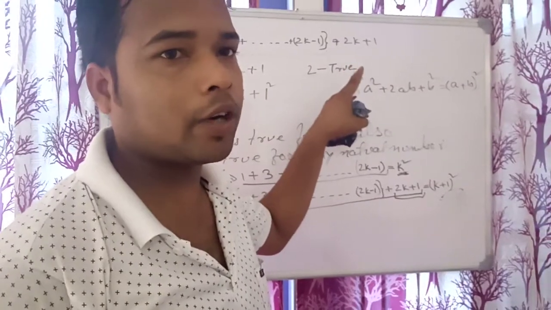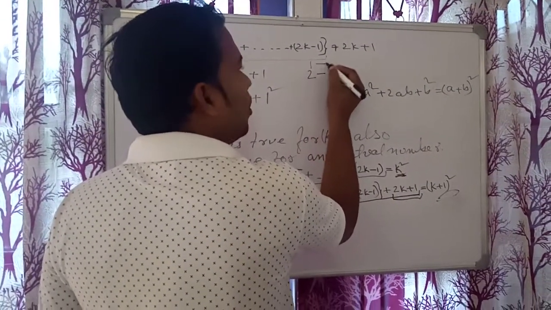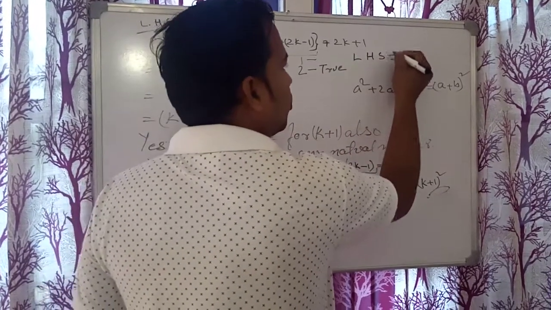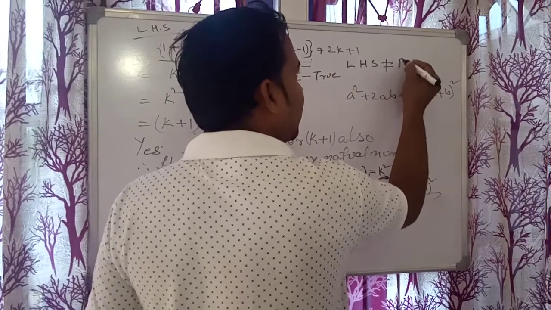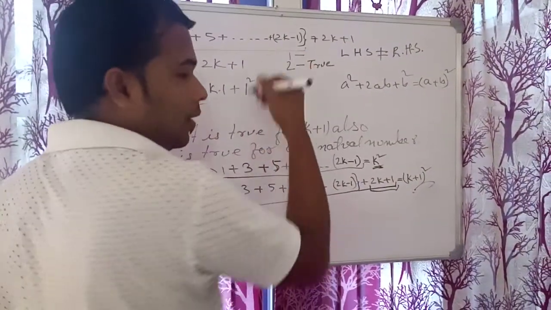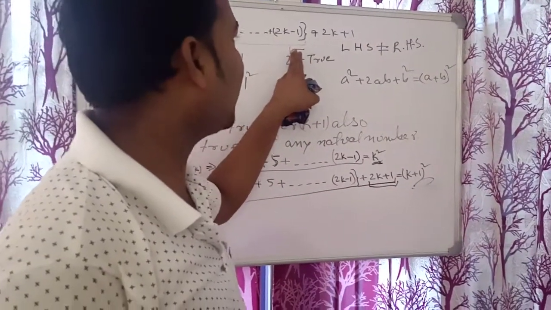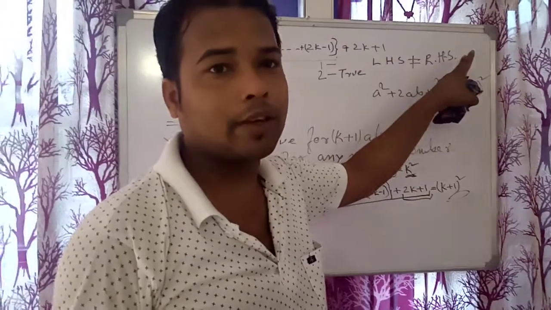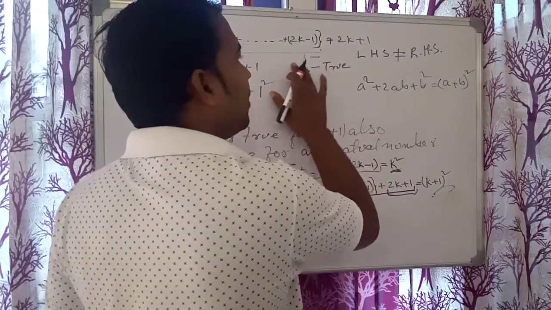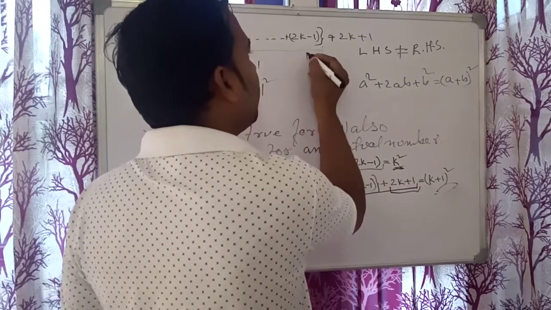Suppose even number is there, if you do for 1, then you will not get left hand side equal to right hand side. If in the question there is even number, and you do for 1, you will not get left hand side equal to right hand side. But if it is written any natural number, then you will get true for 1.